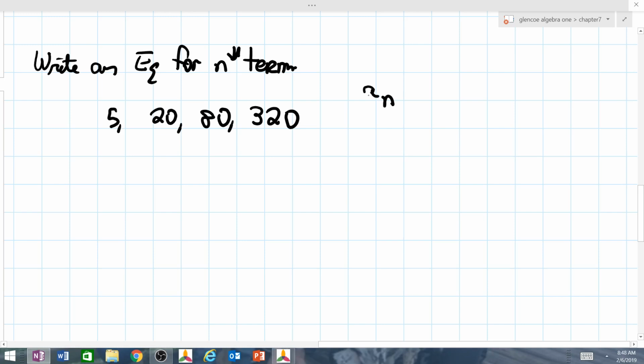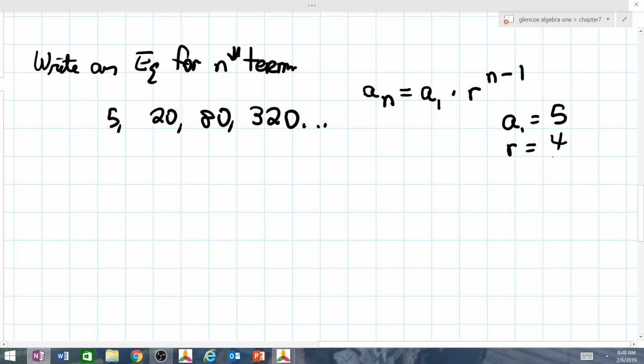The nth term is equal to the first term times r, the common ratio, to the power of n minus 1. So let's find out what we have here. What's my first term, or a subscript 1, class? 5. What's my common ratio? What am I multiplying each term by to get the next term?